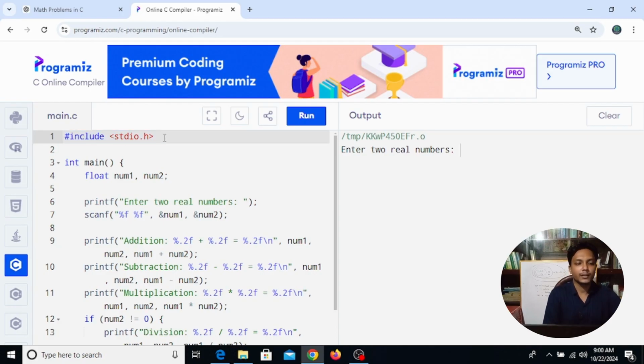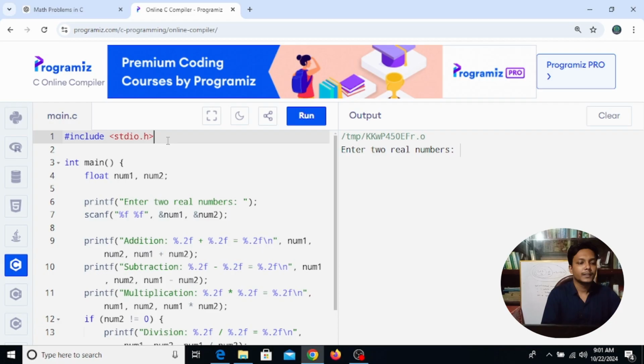What does this line mean? This is a header file, and there are some inbuilt functions. The people who created C wrote some functions, and these functions help us to directly do many tasks. For the time being, just set in your mind that we need this.